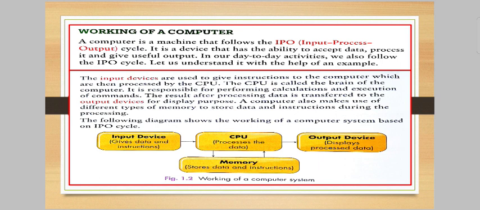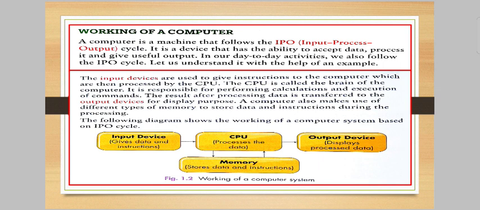First is input device. In the previous part I already discussed input, and examples of input devices are mouse and keyboard. The main concept is that input is giving instruction to the computer in the form of data, and to give instruction we use input devices like mouse, keyboard, microphone, etc. Next is CPU.